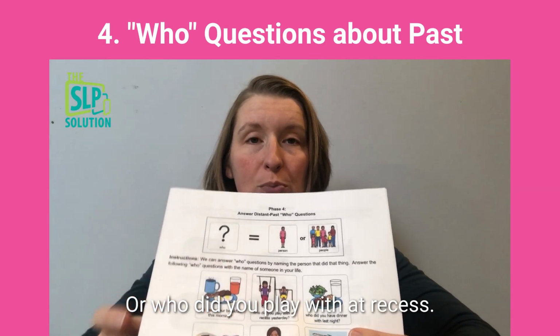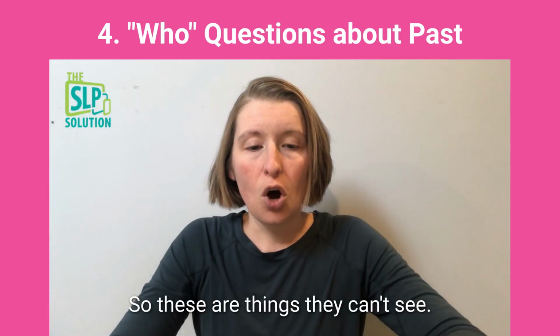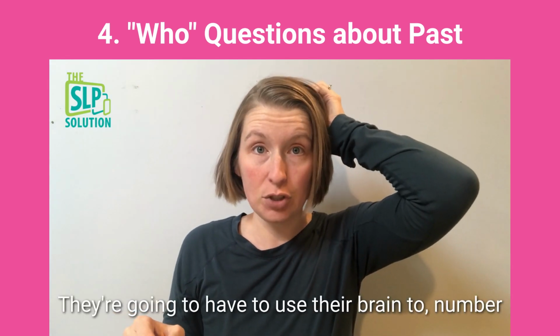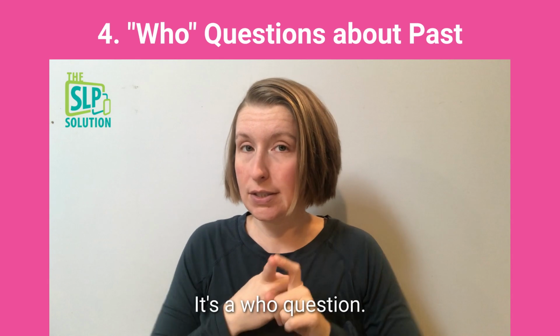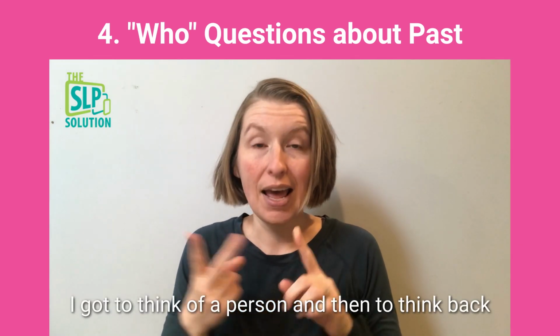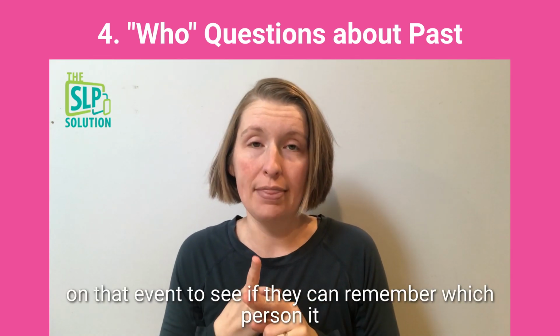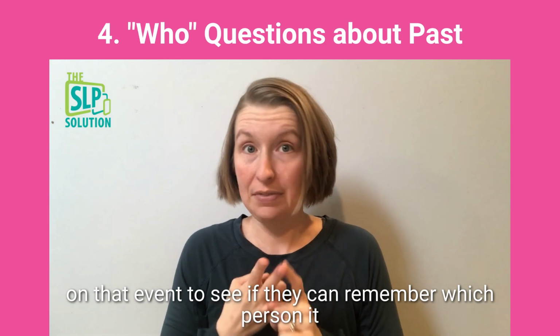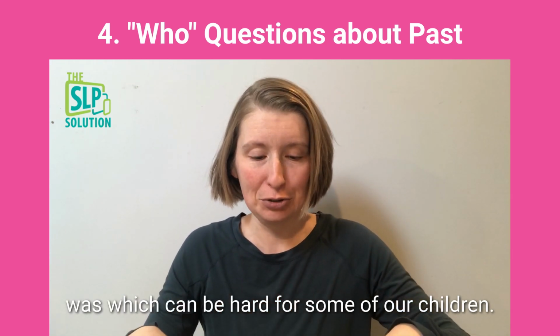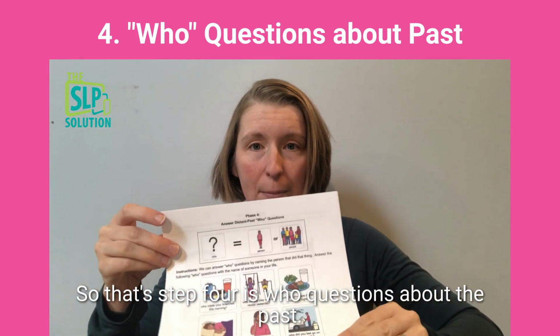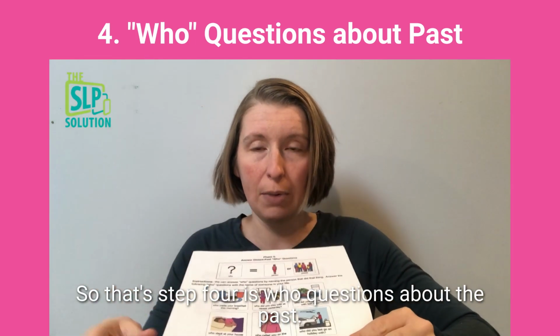Or who did you play with at recess? So these are things they can't see. They're going to have to use their brain to, number one, think through what kind of a question is this? It's a who question. I got to think of a person. And then to think back on that event to see if they can remember which person it was, which can be hard for some of our children. So that's step four, is who questions about the past.